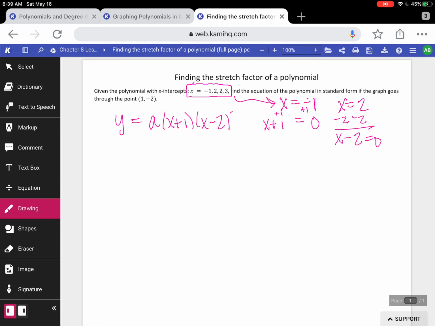And we have 2 of them, so that's going to be squared. And then we have 3, so if x equals 3, that gives us x minus 3 equals 0. So that's our last factor here. So I'm going to rewrite that underneath here so that we have a little bit more space.